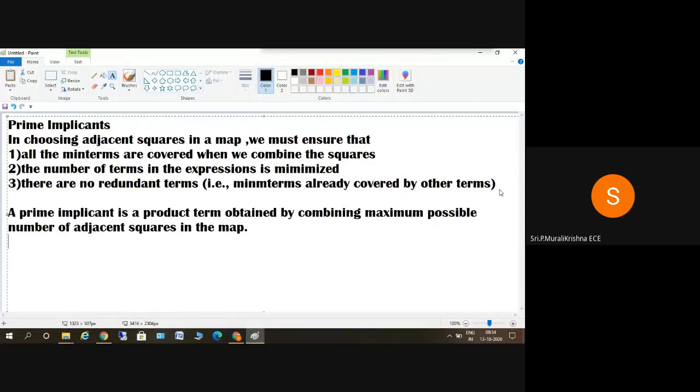Okay, and now I want to give a definition of essential prime implicant. You may be asked what the essential prime implicants in this reduction are, so we have to check the essential prime implicants also.